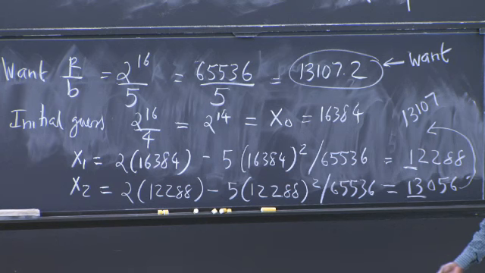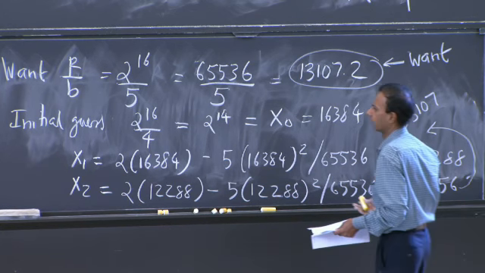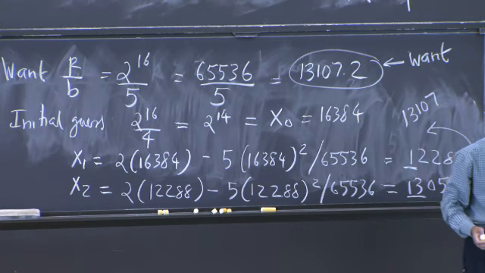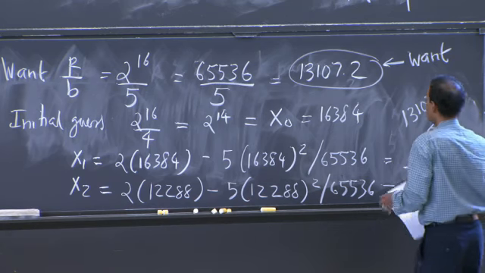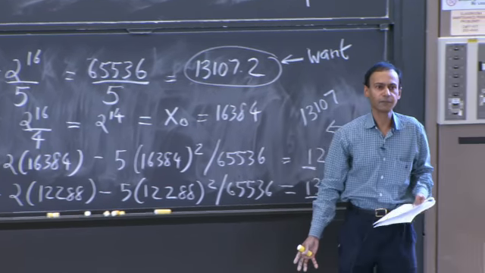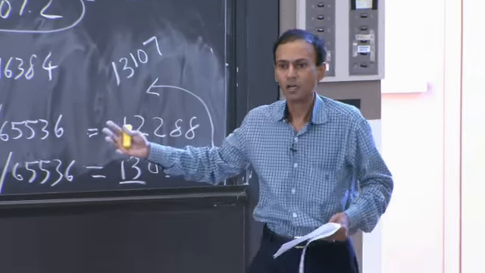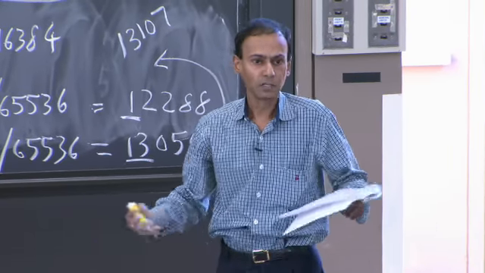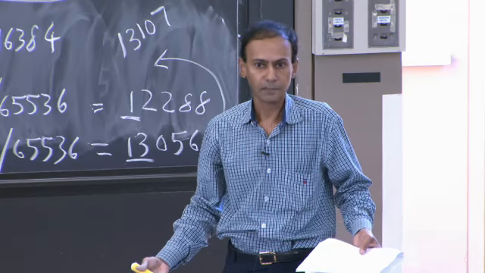And you can actually do a very similar analysis to the epsilon analysis that I did for the square root iteration, to show that you have a quadratic rate of convergence when you apply Newton's method to division as well. I'll put it in the notes, but I won't do it here.